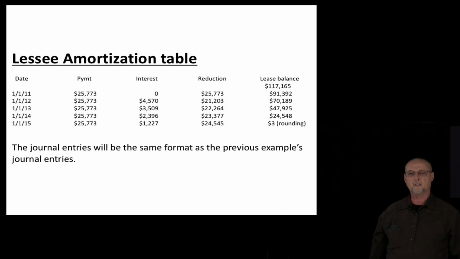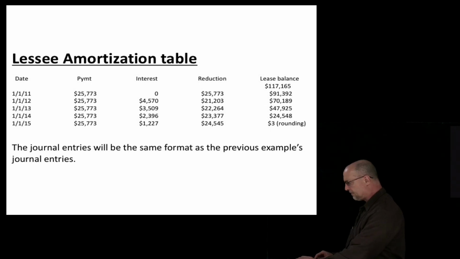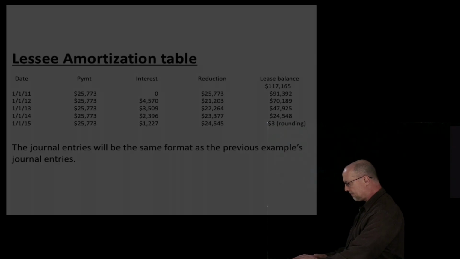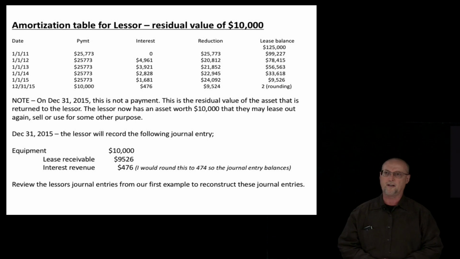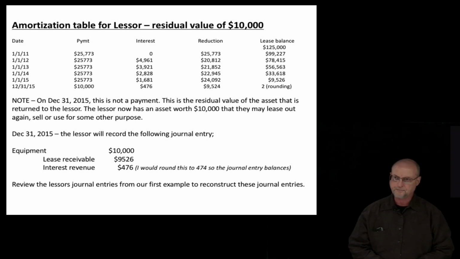Okay, we're now going to look at the lessor's amortization table, which again is different than the lessee's. Okay, again, our residual value is $10,000.